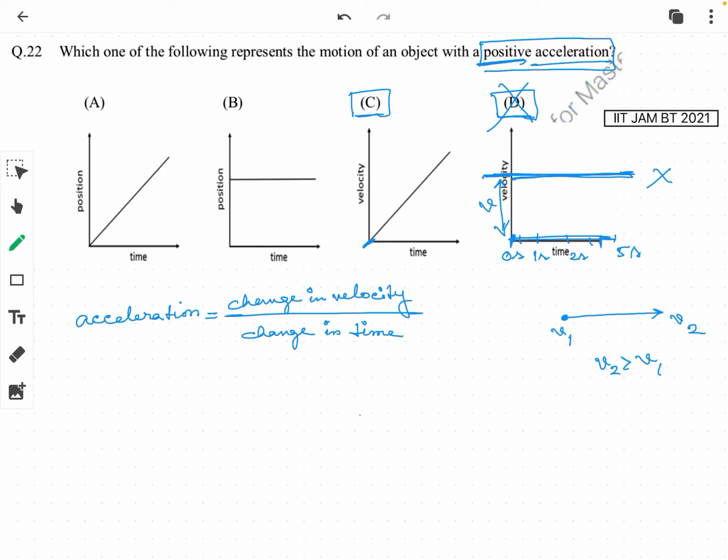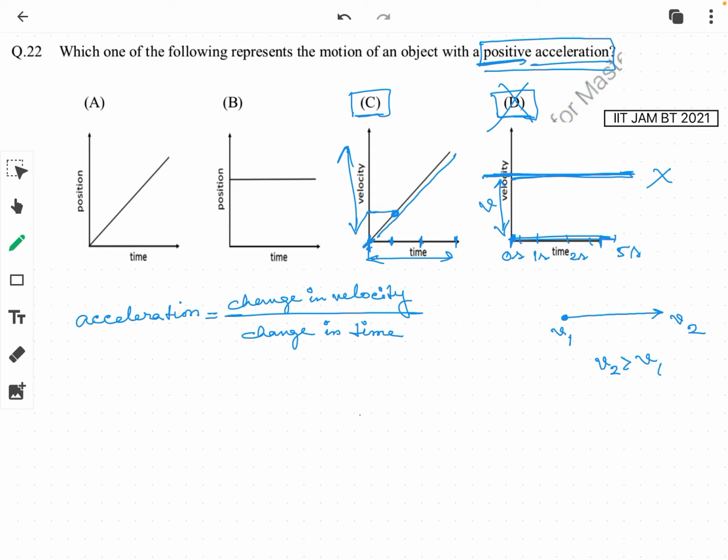So in case of positive acceleration, with increase in time, velocity increases. That means with increase in time, velocity increases like this. When time is this, velocity is this, suppose, so we get a point here.